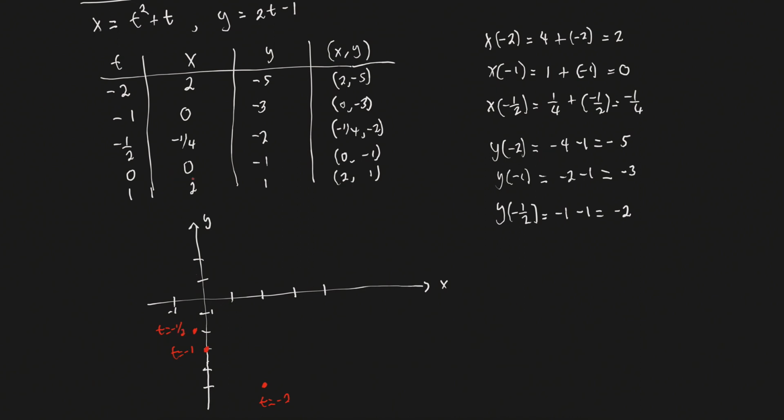And then when t is equal to 0, so it's 0, -1, so that's right here. So this is when t is equal to 0. And then the last point is at 2, 1, so all the way up here. So then this is when t is equal to 1.